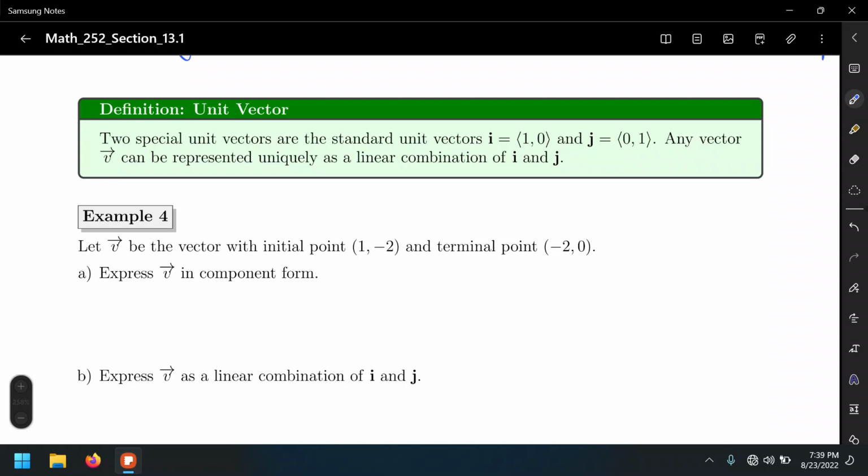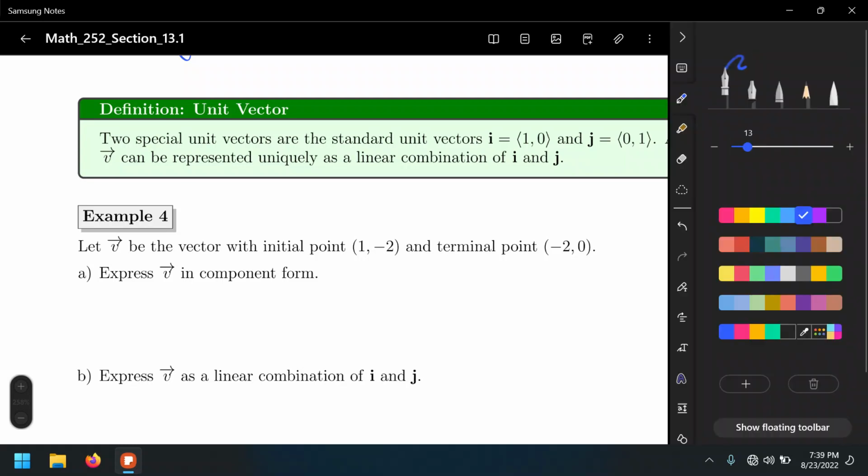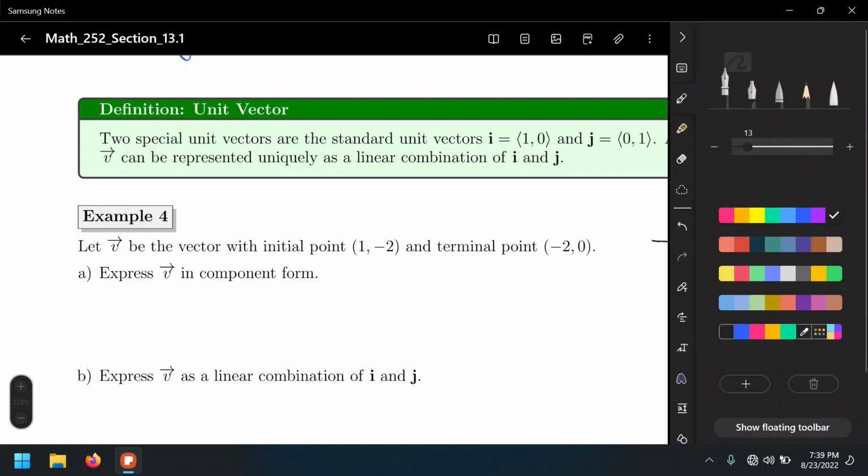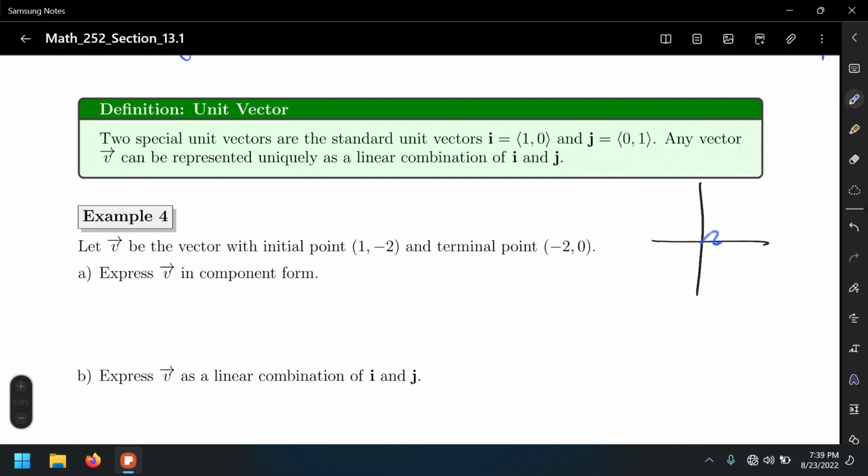And this is the vector. Okay, so let me draw real quick the graph of them. It's a vector whose magnitude is 1. So this is the vector i, in the x direction, its magnitude is 1. That is the vector 1, 0, and j is the vector 0, 1.